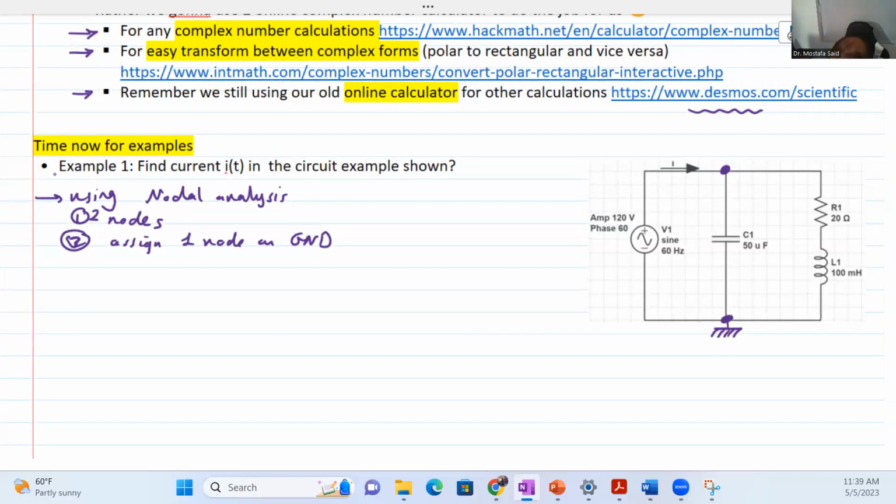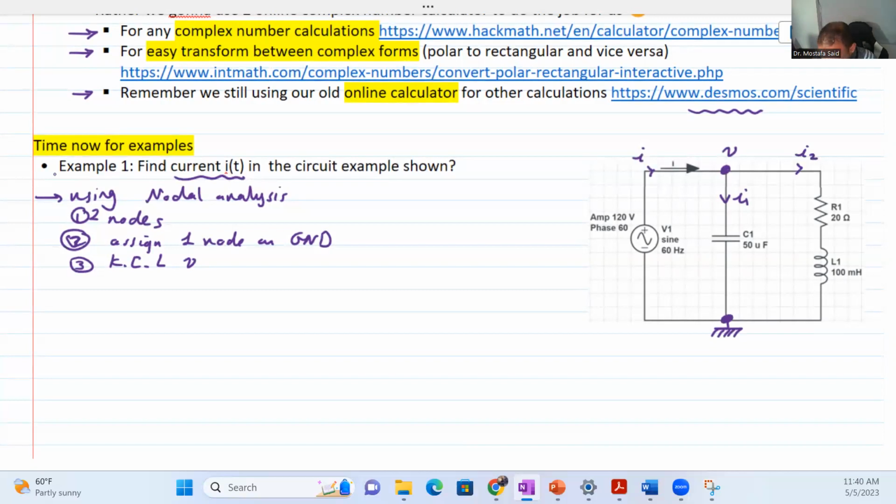Good. Number three, apply KCL at the node that we left. Let's call it V, for example. Then apply KCL at V. So we need to define the currents. This is the current required in the question: find the current I. I'm going to call this I1 and this I2.